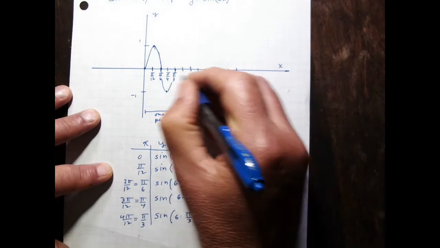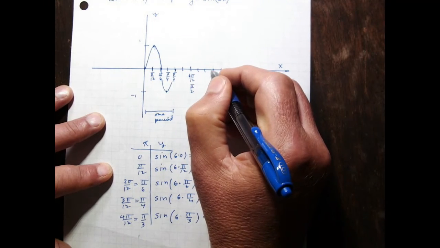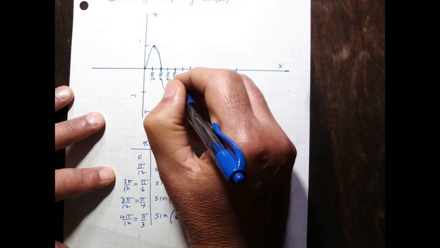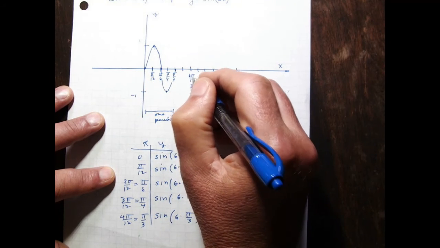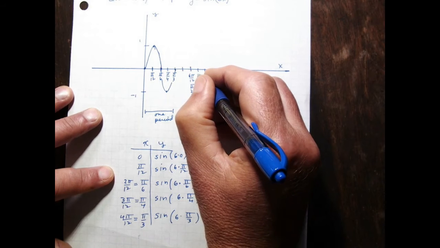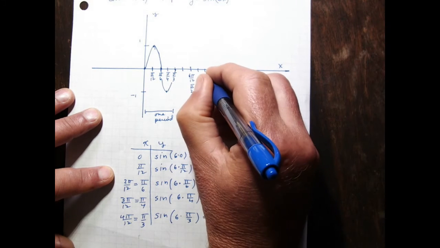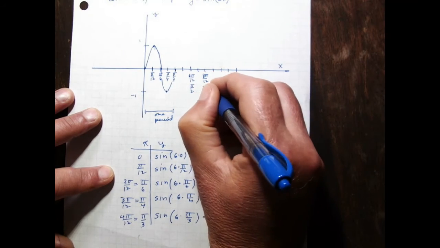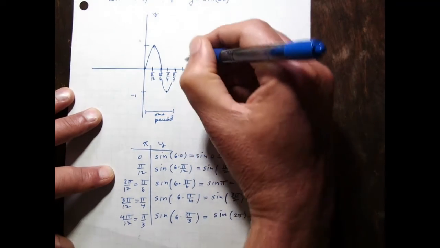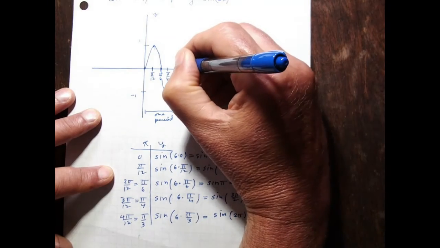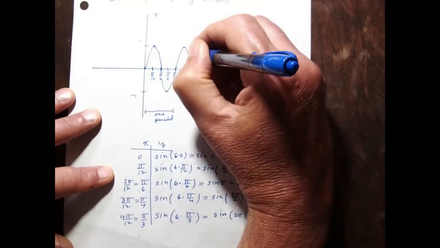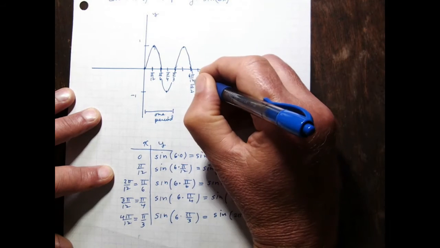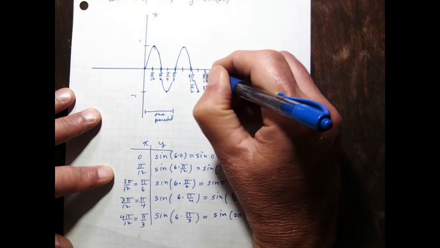And that pattern is just going to continue: 1, 2, 3, 4, 5 pi over 12, 6 pi over 12, 7 pi over 12, 8 pi over 12. Notice that's just 2 pi over 3. That's going to be another period, right? I'm going to go up, down, negative 1, back to 0.